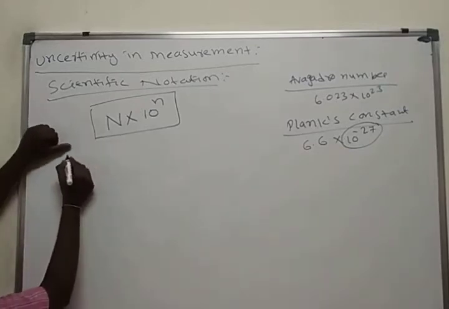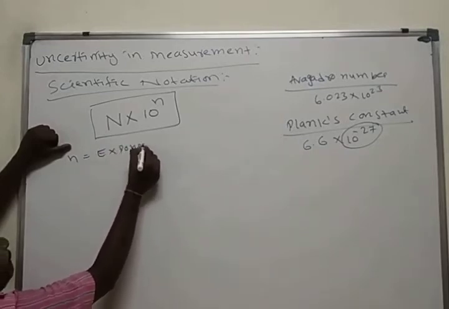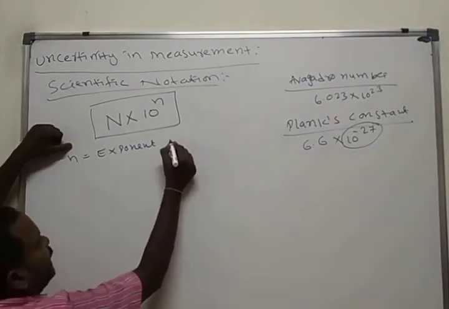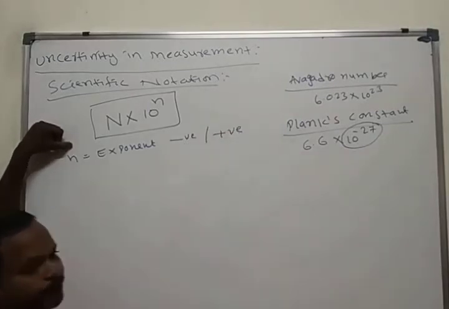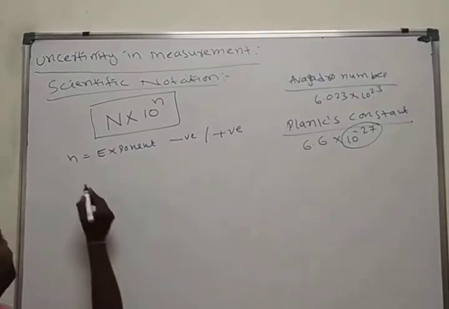What is the small n? It is an exponent. It may be negative or it may be positive. When it is negative and when it is positive, we'll see in continuation.